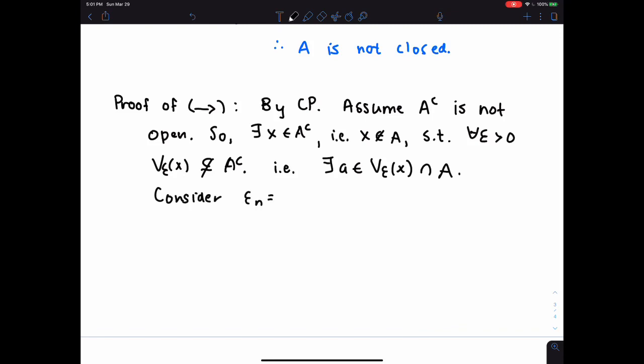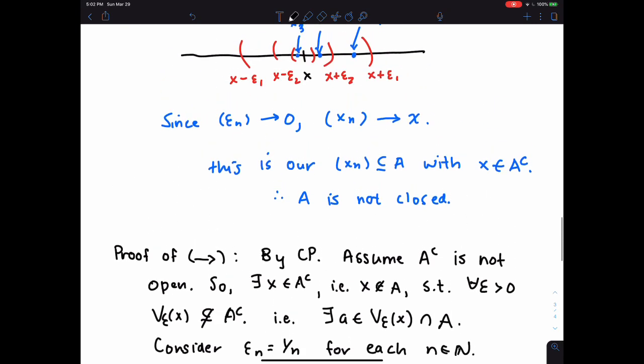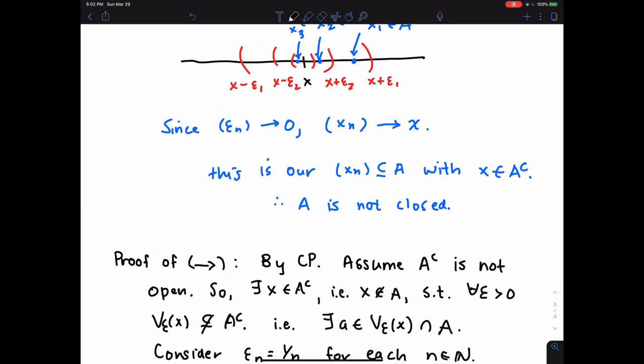epsilon n equals 1 over n for each little n in the natural numbers. The reason why I'm choosing this is because remember we said that our argument hinged on choosing a sequence of epsilons that went to 0, which means we have a choice here. Because remember, we get to assume that something works for all epsilon. And if it works for all epsilon, we can specify which ones we're using in a way such that as we pick the point in the epsilon neighborhood, we're constructing a sequence that is forced to converge toward x.